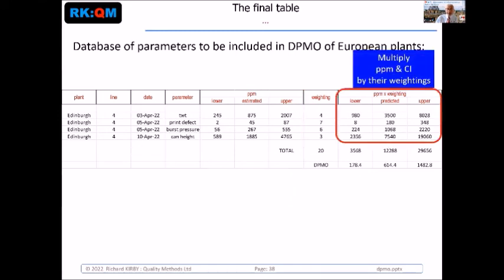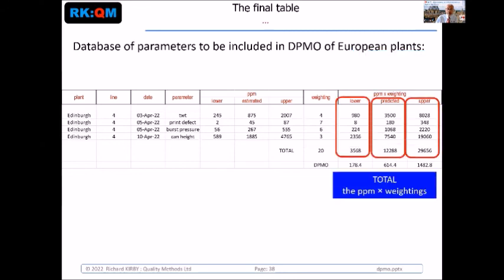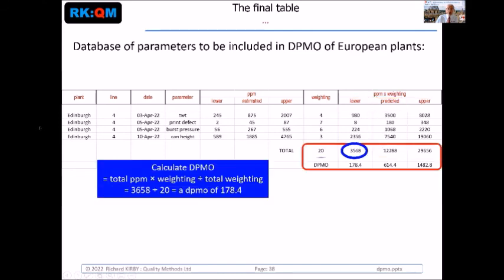You multiply each ppm and its confidence limits by the weighting you allocated. You add each column of the ppm times weighting. You divide each total by the weighting total. So 3568 divided by 20 gives a DPMO of 178.4.